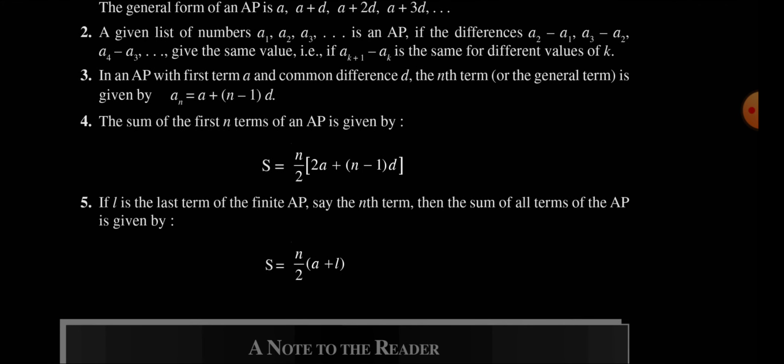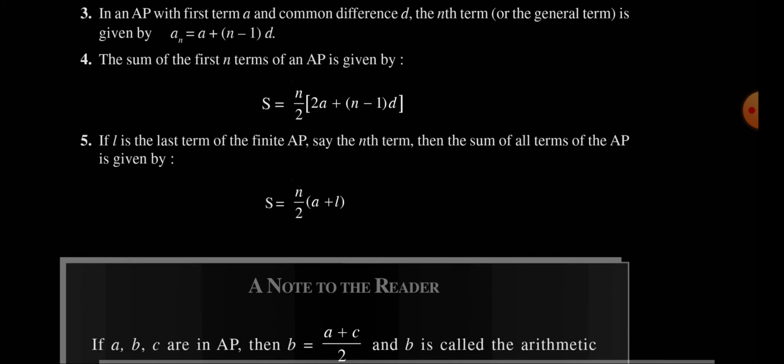In an AP with first term a and common difference d, the nth term or general term is given by an is equal to a plus (n minus 1) d. The sum of the first n terms of an AP is given by S is equal to n upon 2 [2a plus (n minus 1) d].